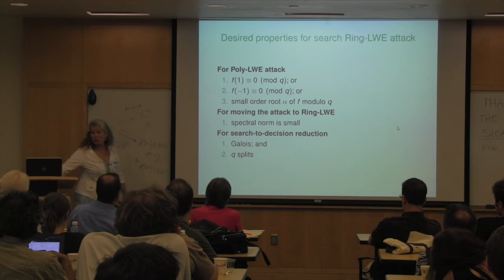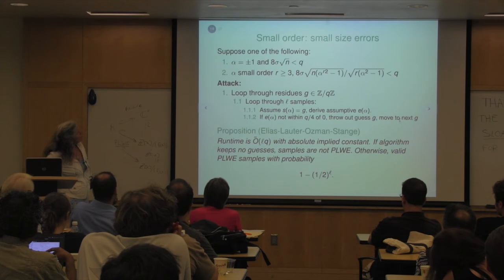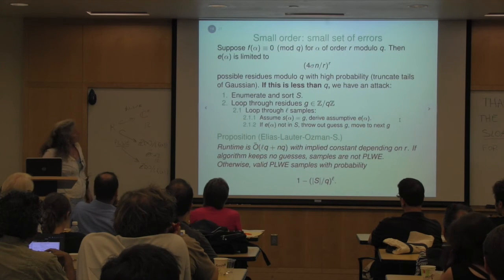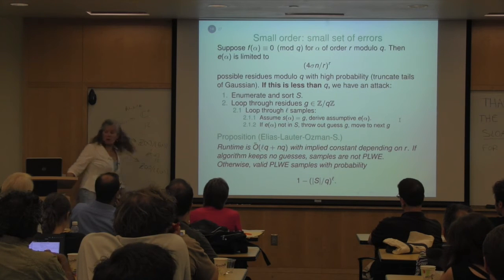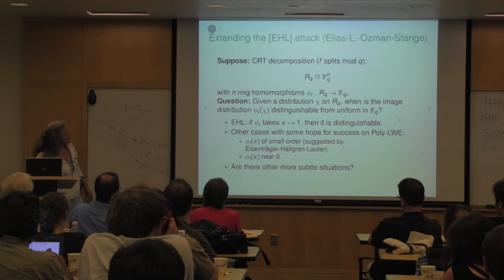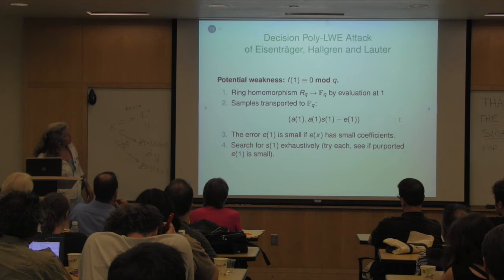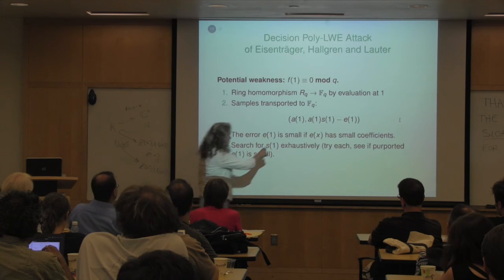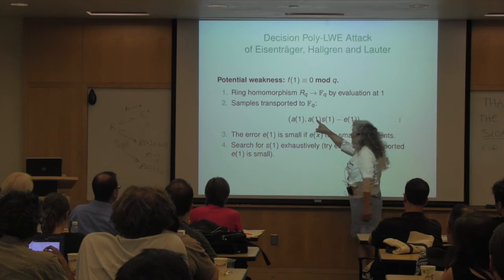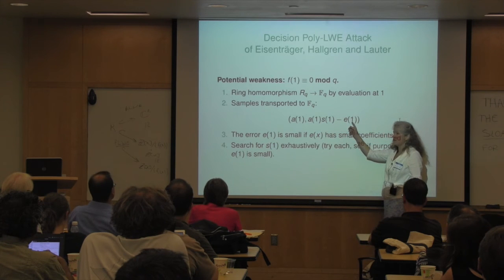So if you think about how you use this, maybe I'll go back to how the attack works. Where's the attack? Okay, here. So let's put an alpha everywhere here: A of alpha, S of alpha, E of alpha.